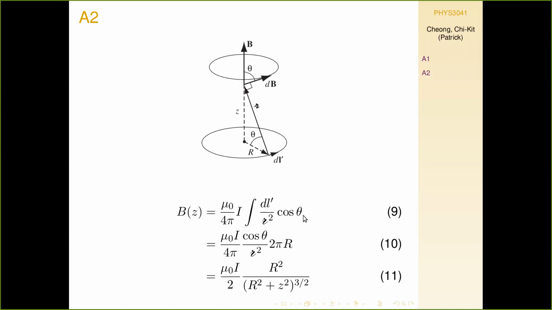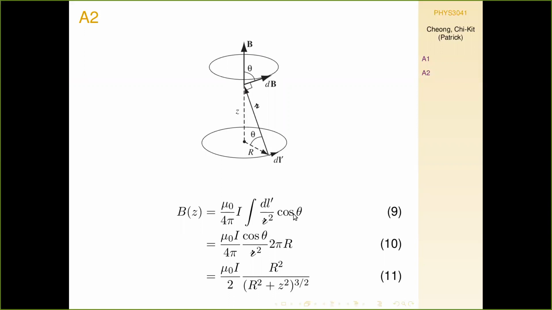So I write down the Biot-Savart law here, and note that in this configuration, the length of vector r or r squared, and also the distance z are constant, and also the theta, of course.